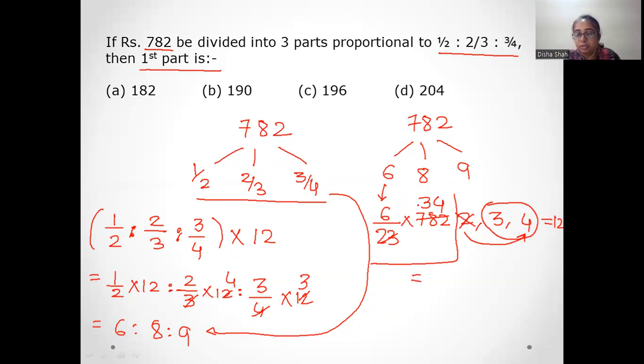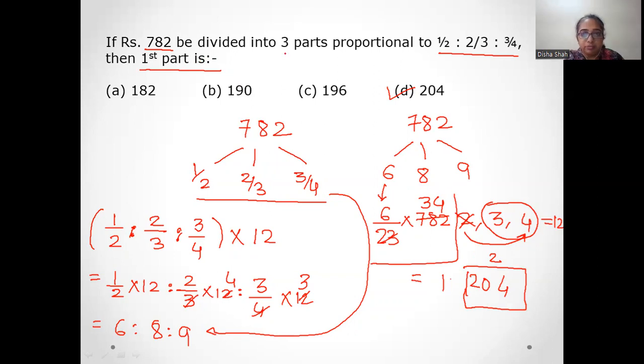34 into 6 कितना हो जाएगा? 34 का डबल होता है 68 और 68 का डबल होता है 136. 34 into 6 के लिए आप यहाँ पर 4, 2, 3 into 6 is 18, 18 plus 2.